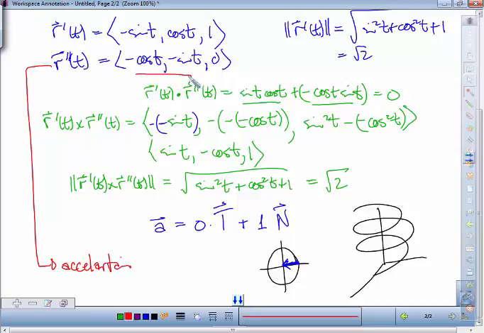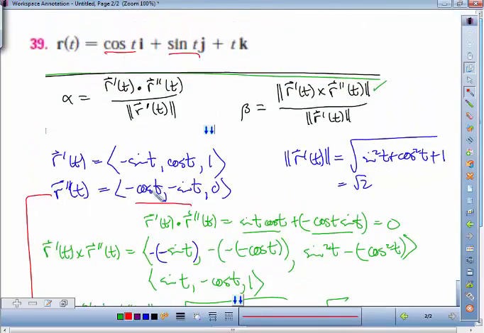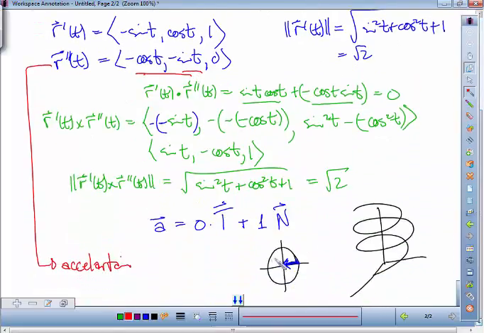If you look at it, it has magnitude of 1, so we know it's a unit vector. And if you look at the original function, it's going in the exact opposite of the position. So you're pointing to the point on the helix, and your acceleration is pointing inward. So your acceleration vector is actually going inward.